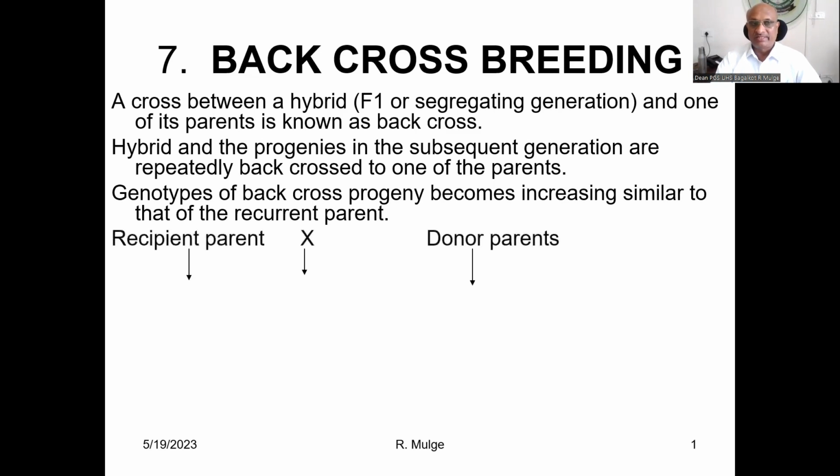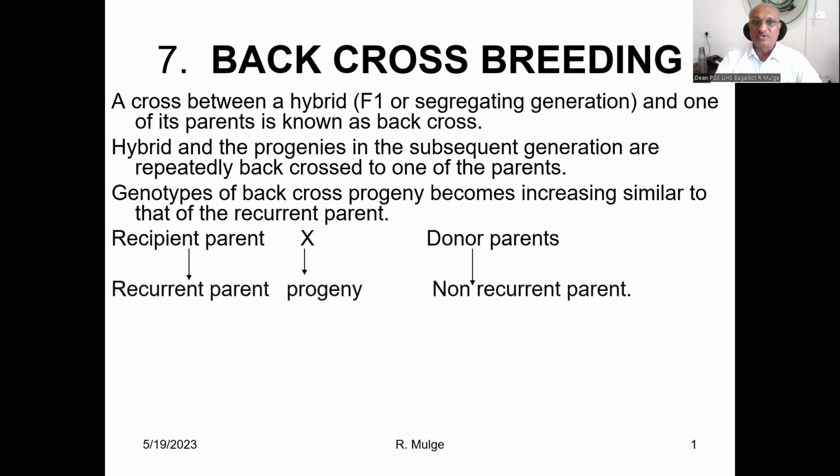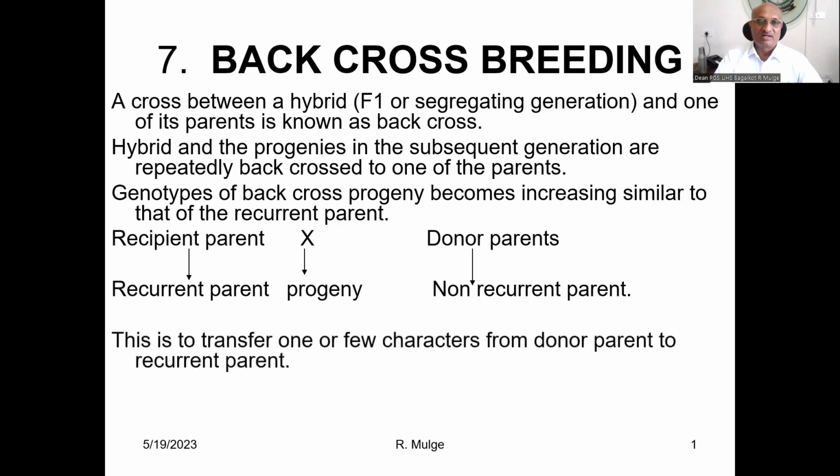So in backcross breeding, you have a recipient parent and another is the donor parent. If you cross the recipient parent, which is nothing but the recurrent parent, with the donor parent, which is the non-recurrent parent, you get the progeny that is F1. Then you go for crossing the F1 with the recipient parent.